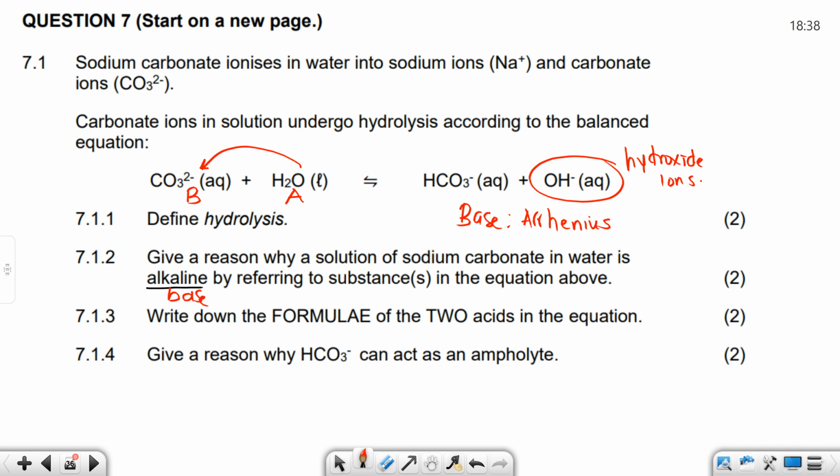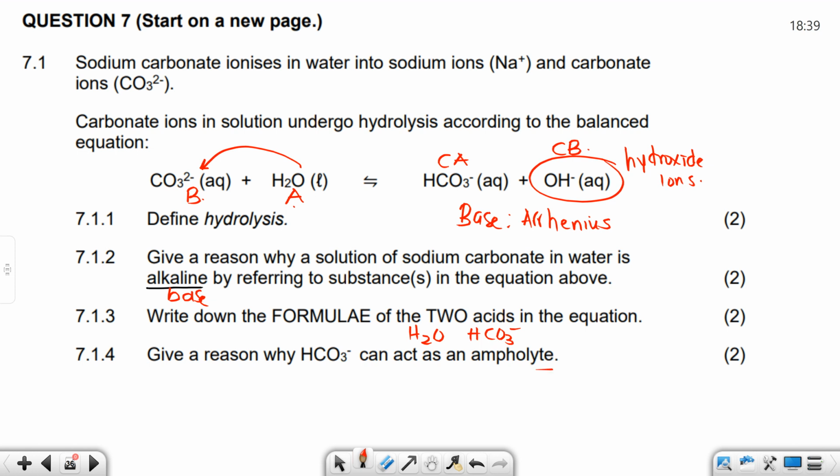When an acid donates a proton, it becomes a conjugate base. A base will accept and become a conjugate acid. Already I'm done. Two formulas that are an acid: water and HCO3 minus. That's how we check.